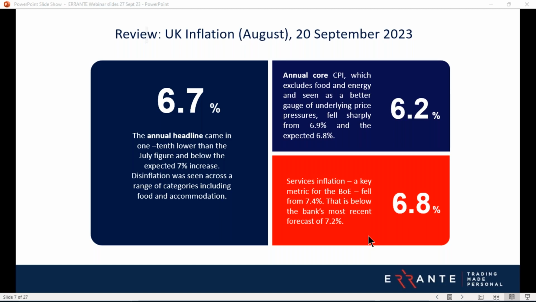The BOE then reiterated that the current monetary policy stance is restrictive, and that monetary policy will need to be sufficiently restrictive for sufficiently long to return inflation to the 2% target sustainably in the medium term. So that's probably key, this sufficiently restrictive for sufficiently long, and that tallies with other central banks like the ECB, saying similar kinds of phrases.